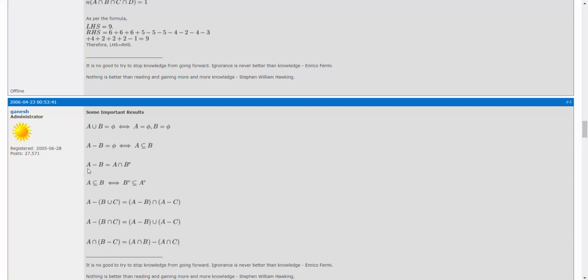A minus B equals A intersection with B complement.